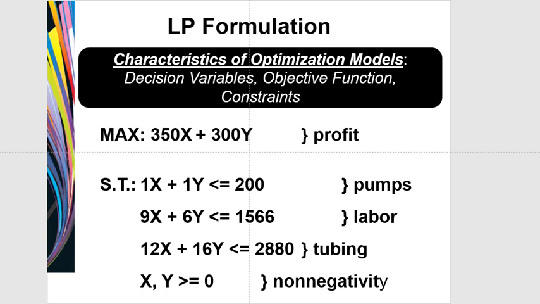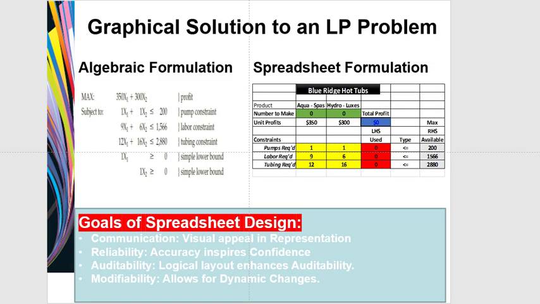In the next lecture, we now see how to translate this LP formulation into a spreadsheet formulation. We now want to translate the algebraic formulation of the problem into a spreadsheet formulation.